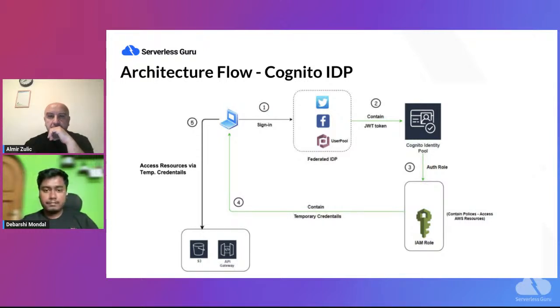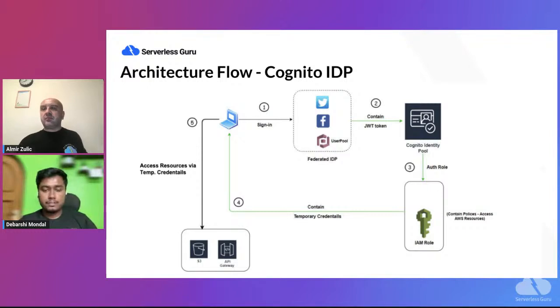Let's say Facebook gives you a JWT token that consists of all your information. I will send that JWT token to the identity pool, and Cognito Identity Pool will verify that this JWT token belongs to Facebook or Google. That's because while setting up the Cognito Identity Pool, we have to configure the client ID and client secret for each social provider we are going to use.